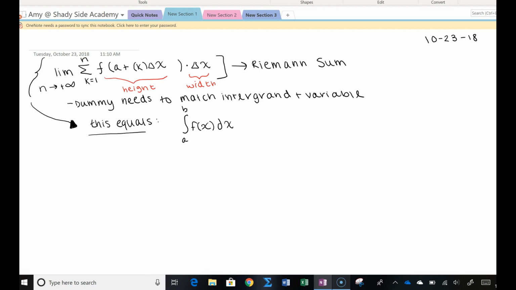As an analogy, if you look at this, do you see height? This here is height. This dx actually is width. Dx literally by definition means delta x infinitesimally small. So if you look at the integrand, including the dummy, I hope you see shadows of height times width.